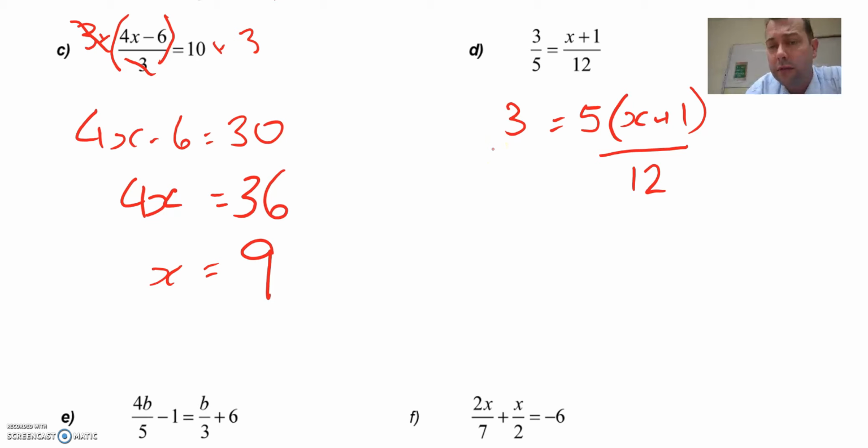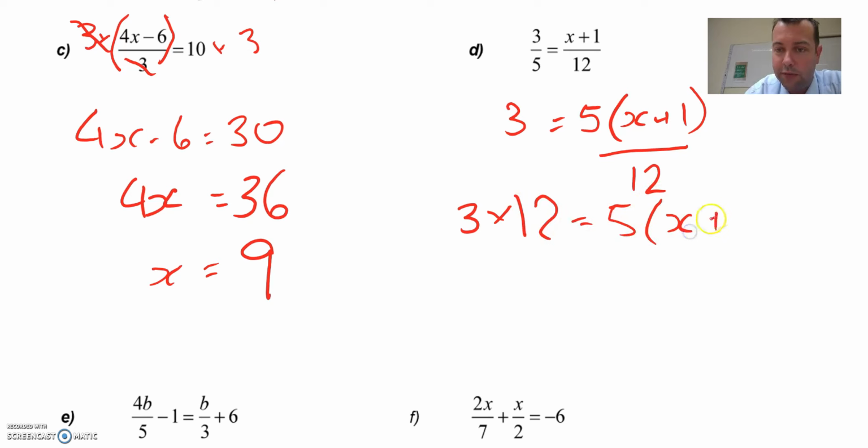Still got a fraction, so multiply everything by 12. That gives me 3 lots of 12, which is 36, equals 5 outside of x plus 1. I don't need to say over 12 times 12, they've cancelled.